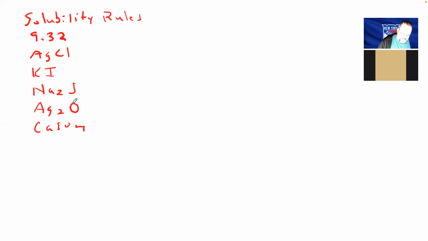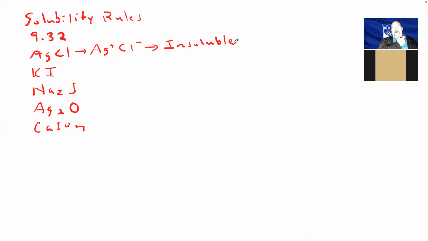And silver plus 1 is the ion that you would have in silver chloride. And therefore, even though most things with chloride are soluble, this compound in water, and this really speaks to solubility in water, is going to be essentially insoluble in water.